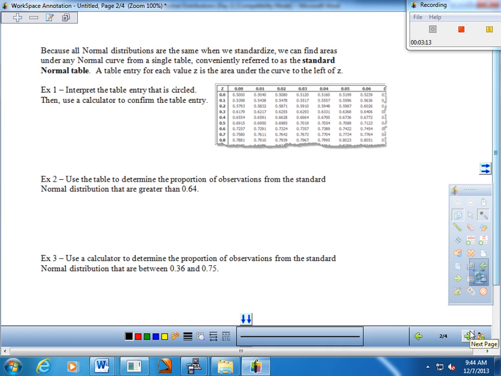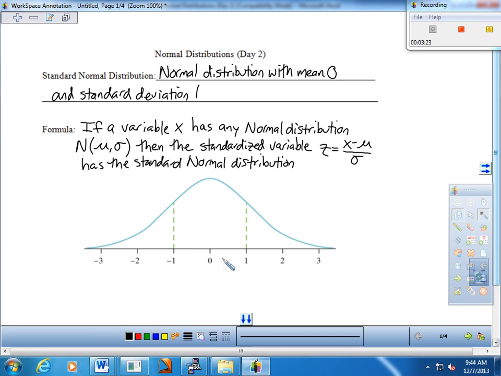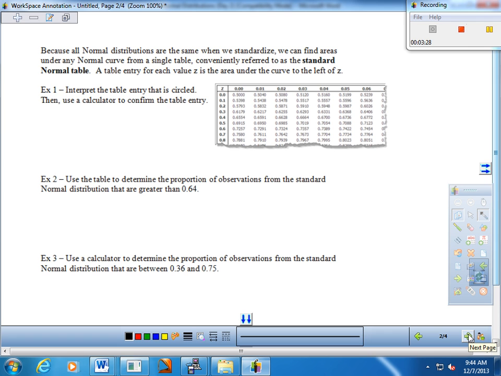So it says on your paper, because all normal distributions are the same when we standardize, okay, so they're all going to have this shape and these values when we standardize them, we can find areas under any normal curve from a single table, conveniently referred to as the standard normal table. A table entry for each value z is the area under the curve to the left of z.